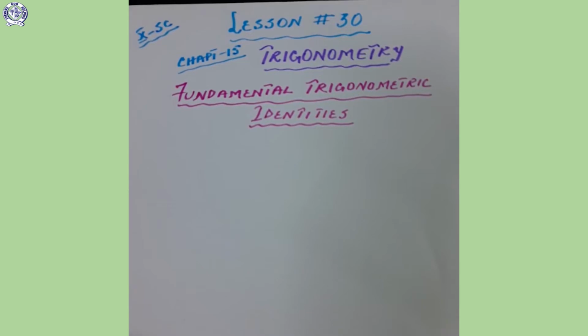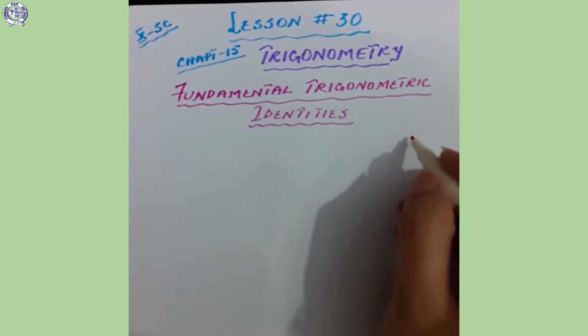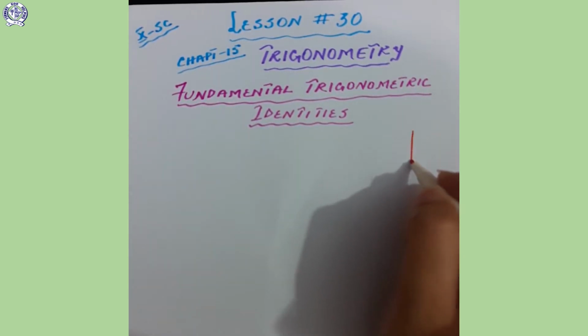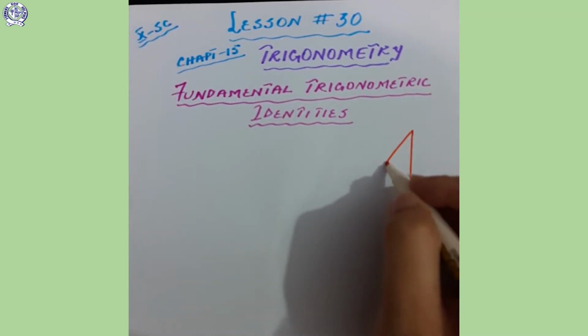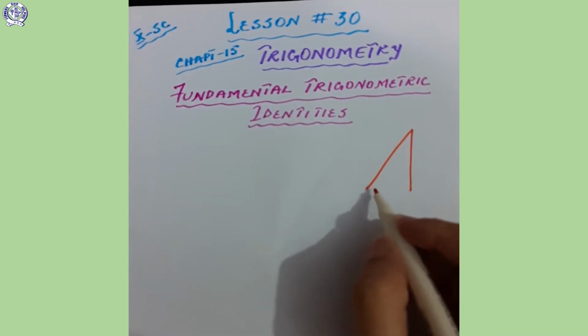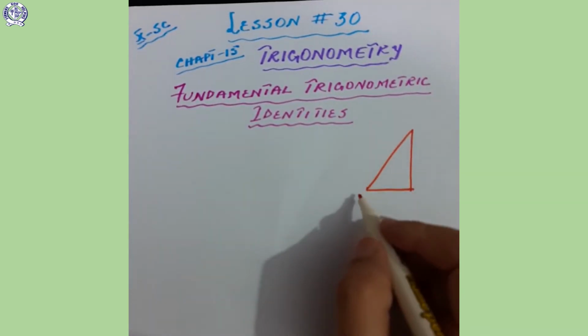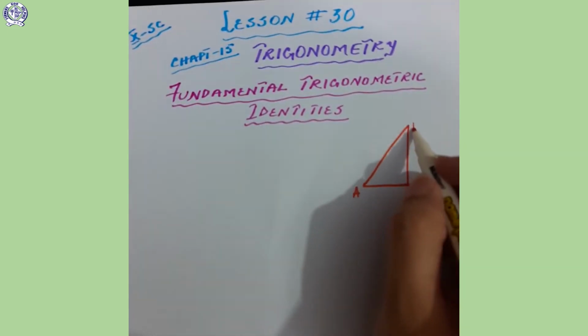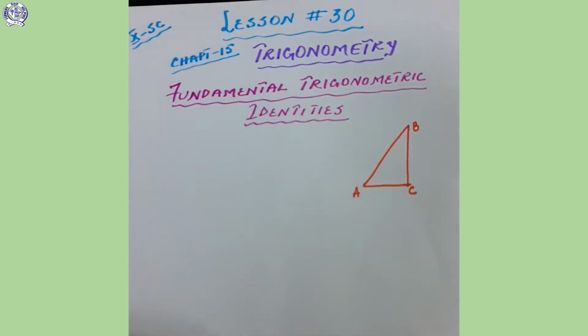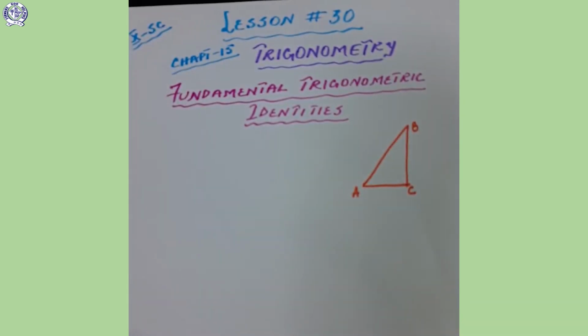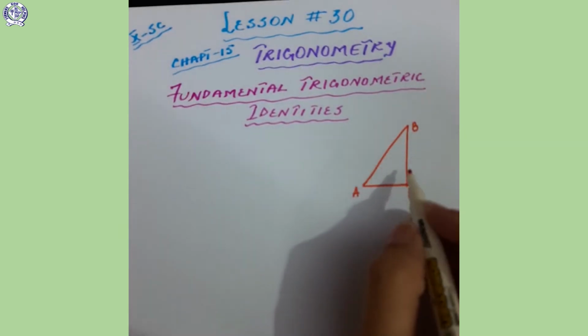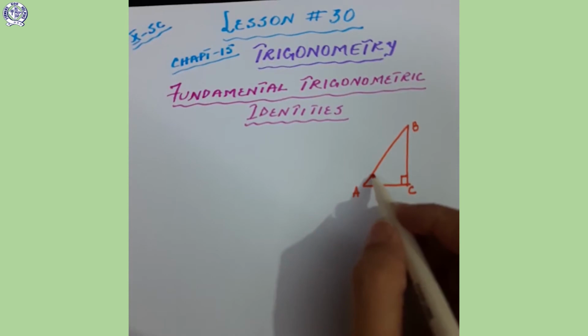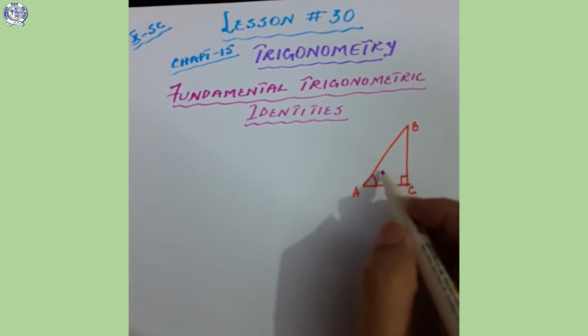So this is A, C, B. Angle C is 90 degree. So triangle ACB, and angle A is theta, it is unknown.